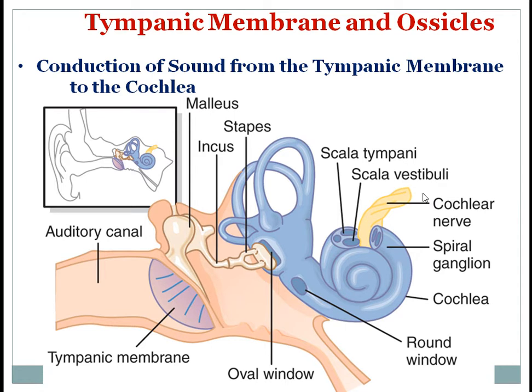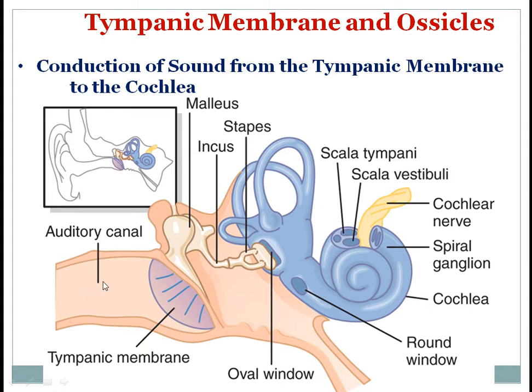This is a better view of the whole of the ear, including the external, middle and internal parts. If we look from the external side, this is the outermost pinna or external ear having the auditory canal going inside.